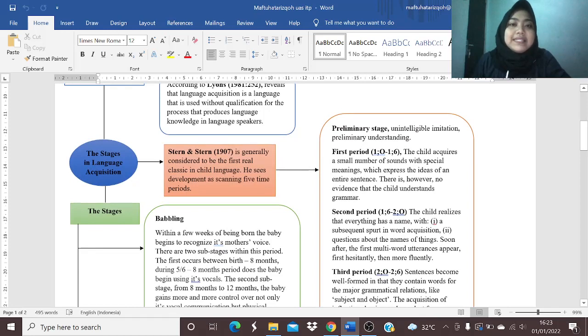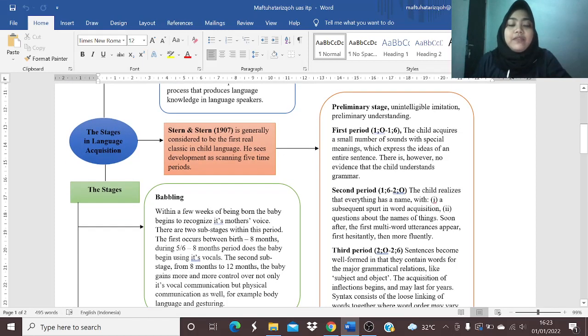Stern and Stern is generally considered to be the first real classic in child language. He sees development as spanning five periods or stages. What are the stages or the periods? The first is the preliminary stage: unintelligible imitation, preliminary understanding.